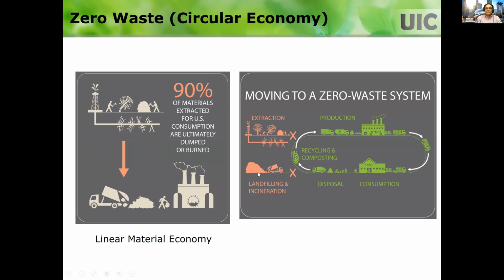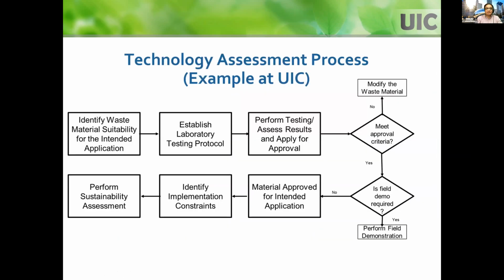Whereas zero waste or circular economy is where you take the material and you manufacture it and you use it, and instead of disposing it, you recycle it and then put into reuse. So you don't do any landfilling or incineration. The materials are being recycled all the time. So it's called circular economy. And there's a lot of emphasis on circular economy in the waste management field.